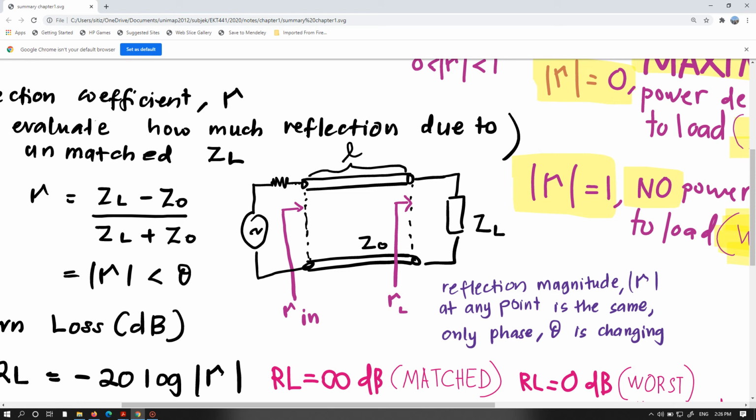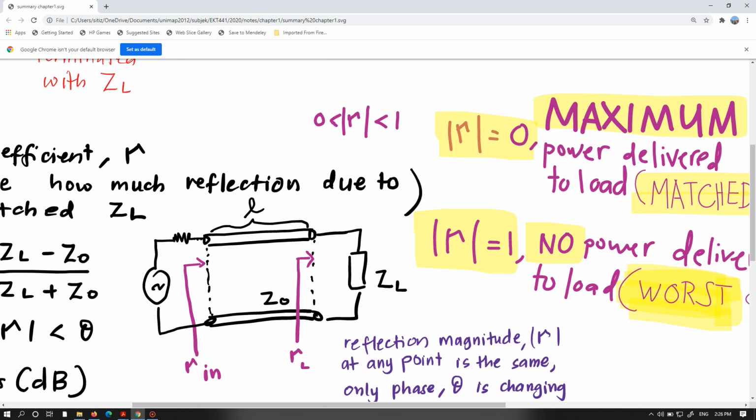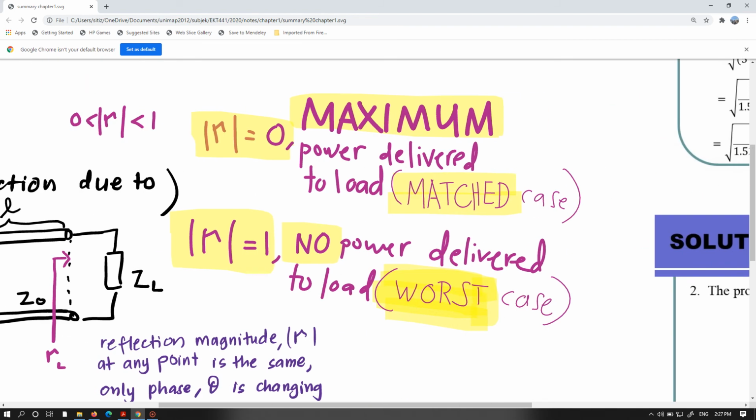So whether you go to the beginning of the length or the end of the length, the magnitude will be the same. Okay, so the value here ranges from 0 to 1. If the magnitude of the reflection coefficient is 0, it means it is matched, so all the power is delivered to the load. If it is equal to 1, it is the worst case where it is not matched at all, so no power is delivered to the load.